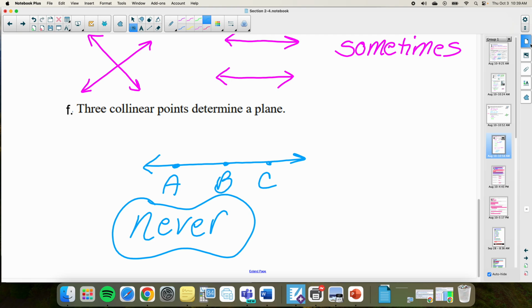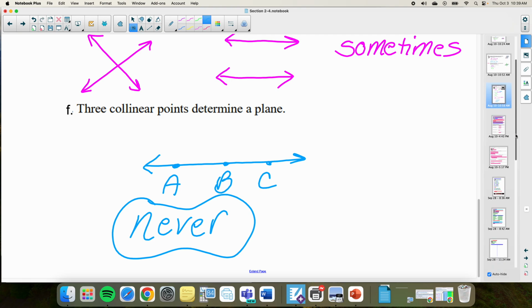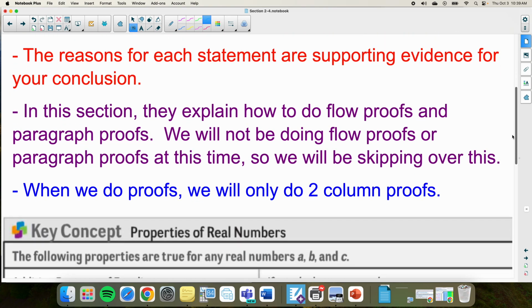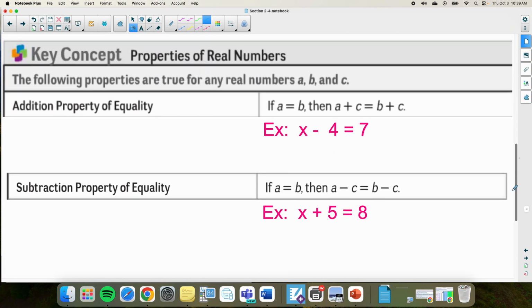All right, now we're gonna get into some, this goes more with what we're doing tomorrow, okay? We're gonna learn some postulates, or properties, sorry, that you are going to use on your algebra proofs.